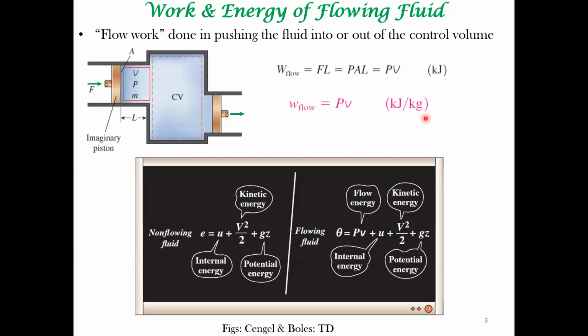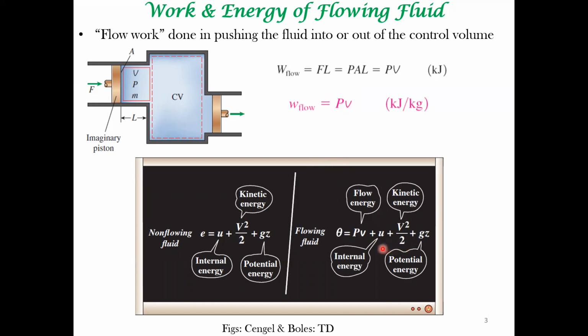If you want to think about the energy of a flowing system, you can contrast that with the energy of a non-flowing system. These are the terms which you have already seen: internal energy, the kinetic energy of the center of mass, and the potential energy of the center of mass. On top of that, we have this flow work incorporated, and all the other terms remain the same.